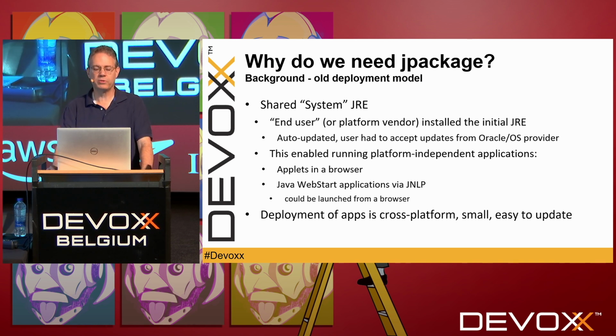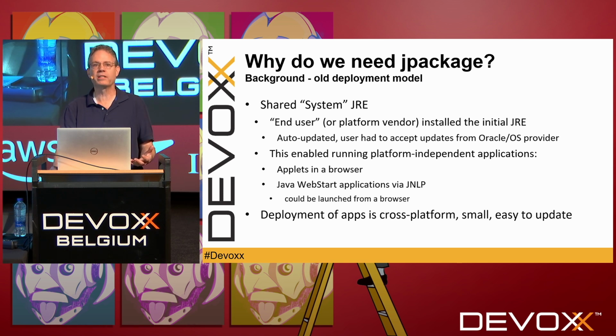In the old days, we used to have a shared system JRE that first Sun and then Oracle, sometimes working with OEMs, laptop manufacturers, would try to get on as many machines as we could possibly get it on. The benefit was that you could then run applets in a browser or Java Web Start applications on your desktop just by delivering a platform-independent jar file and then have it run as an applet in your browser.